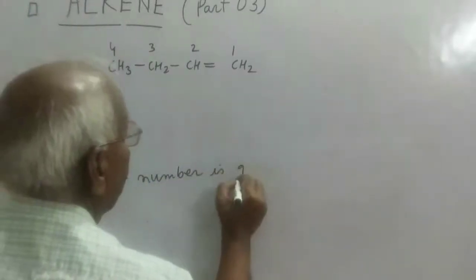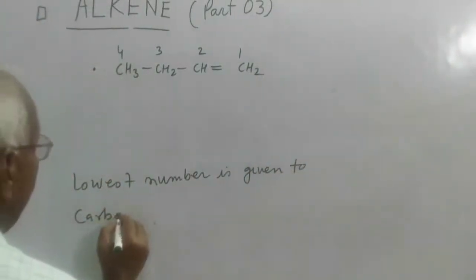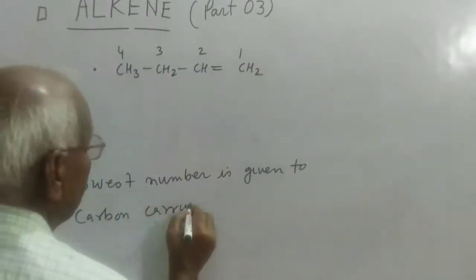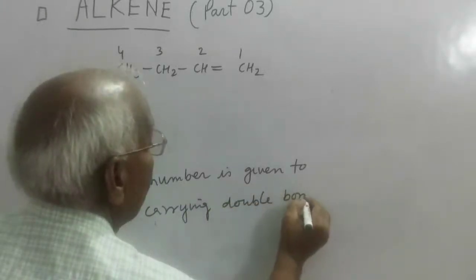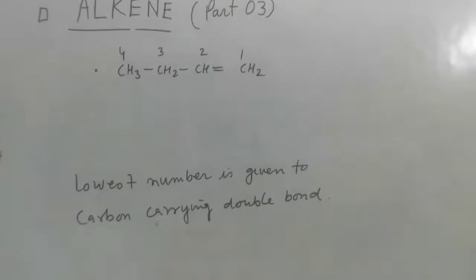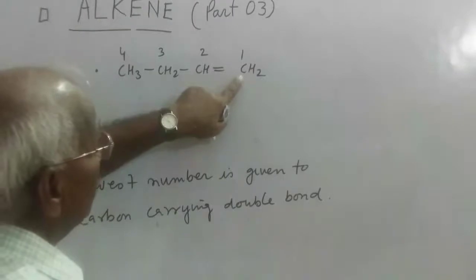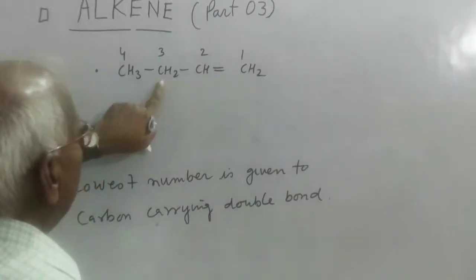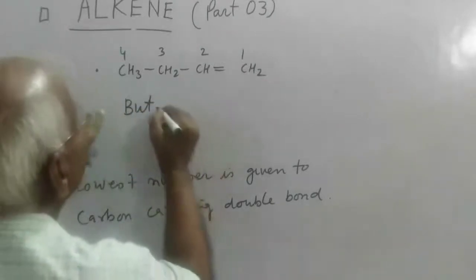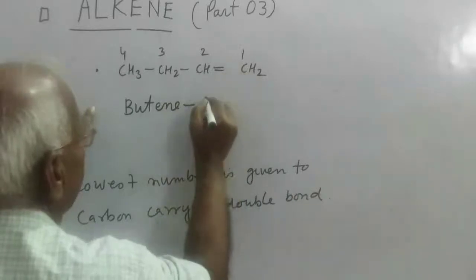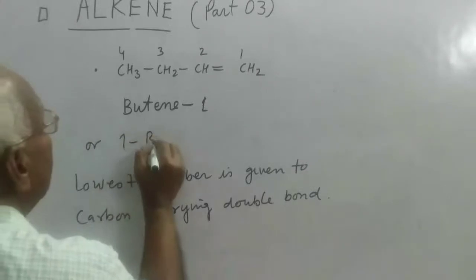I have started the numbering from this carbon atom: 1, 2, 3 and 4. So root word is but, primary suffix is -ene, and the number is 1. This is butene-1 or 1-butene.